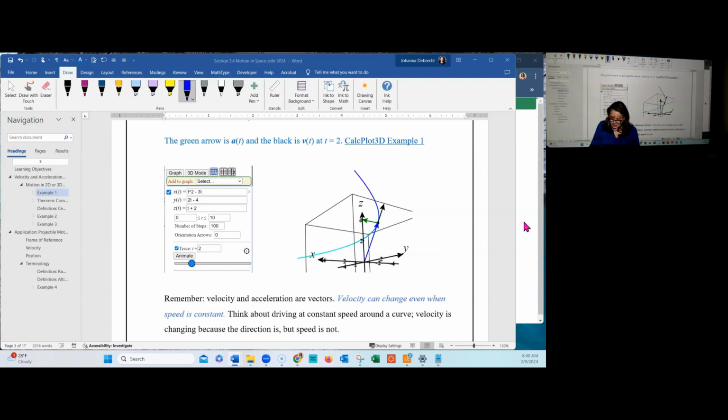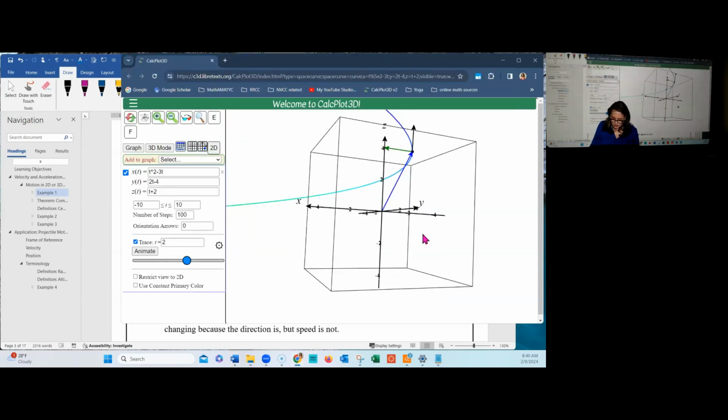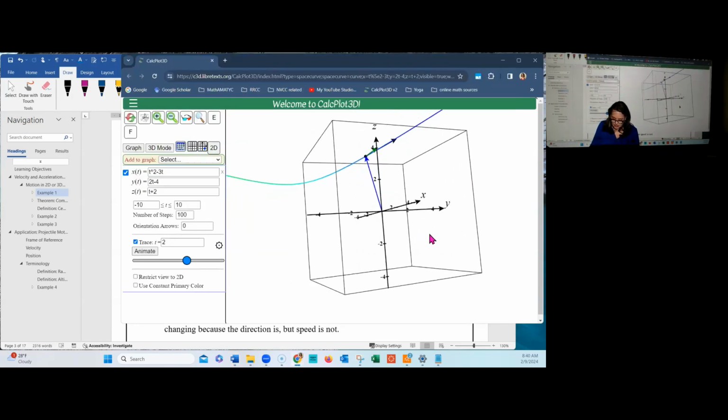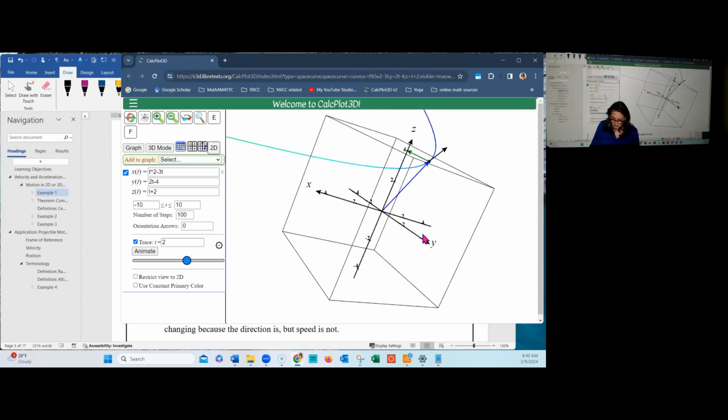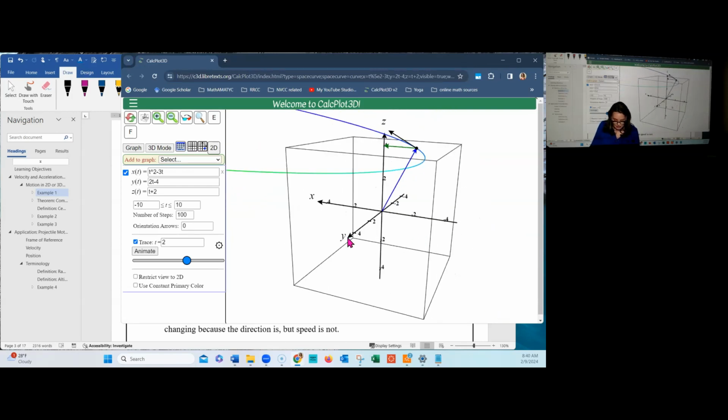Let's take a look at what it looks like over here. So we can see it from different angles. And if we wanted to, we could go ahead and move the slider bar in the trace box, and we could see how it changes.